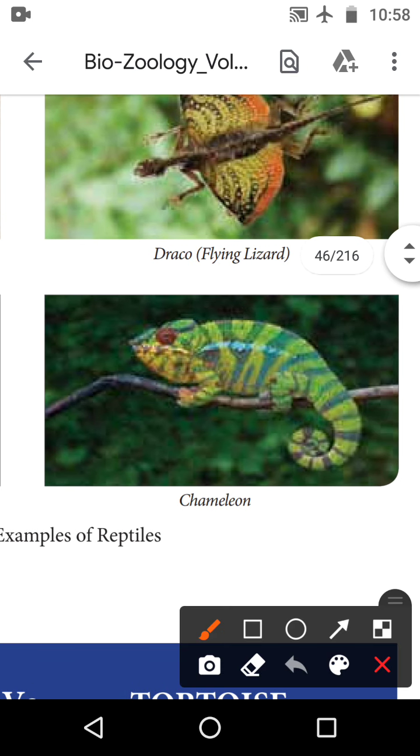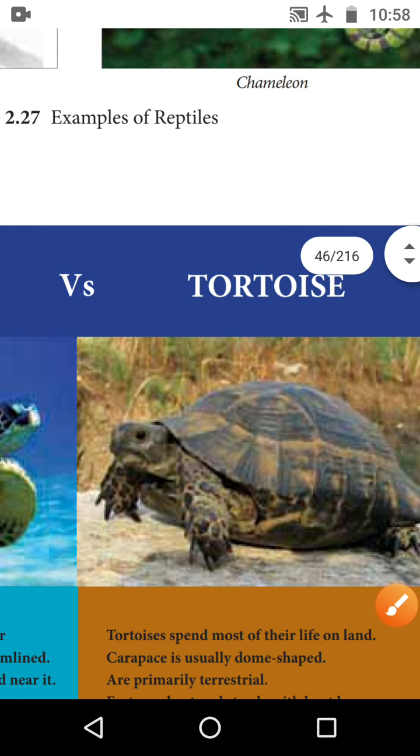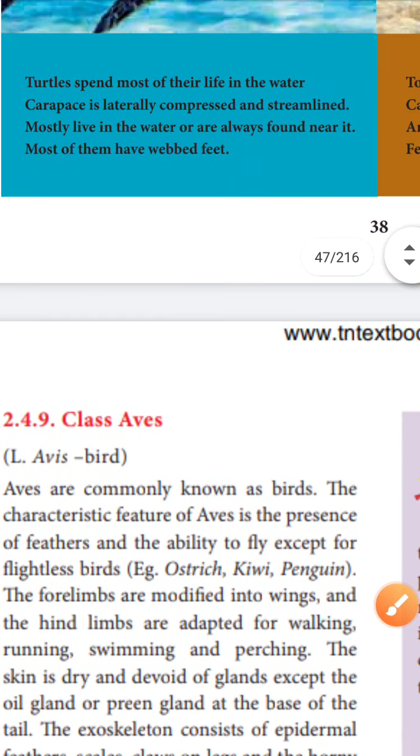Next one is the chameleon. The chameleon changes the color of its body according to the surroundings. This is an example of reptiles.